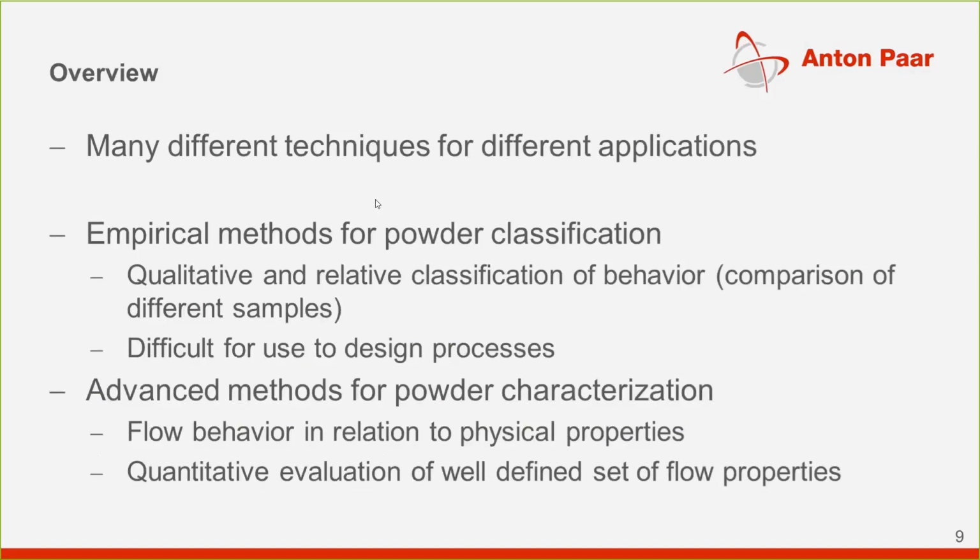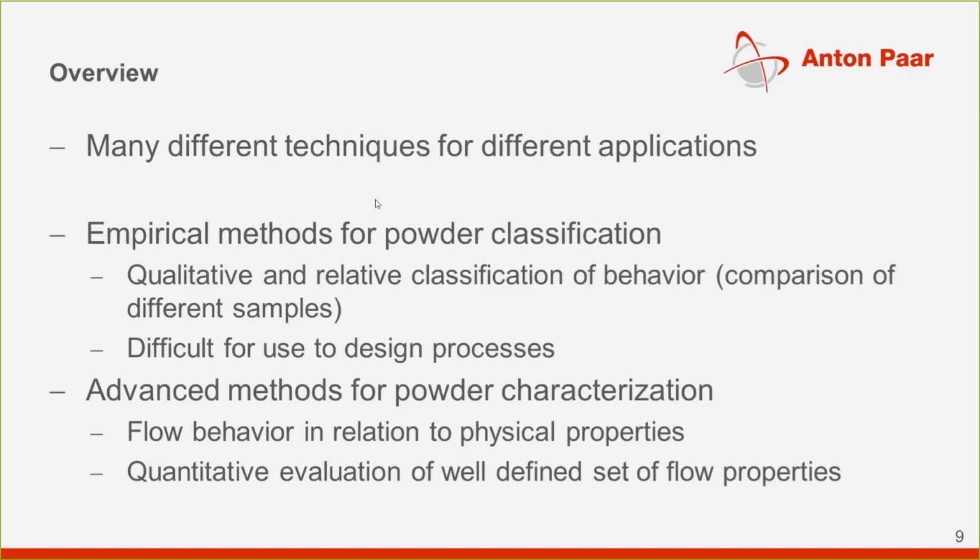It can be roughly grouped into two main groups, where you can say there are more empirical methods and there are rather advanced methods. The empirical methods generally give qualitative and relative results for powder classification and to qualitatively compare different samples, which can be difficult if you want to use this for a design process, like for example, you want to design a plant.